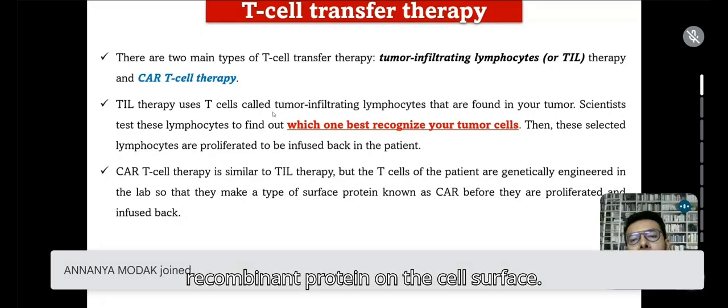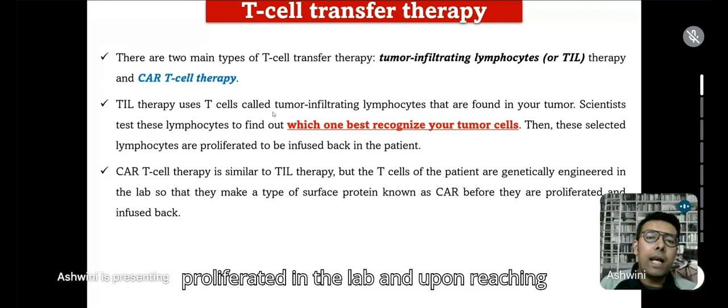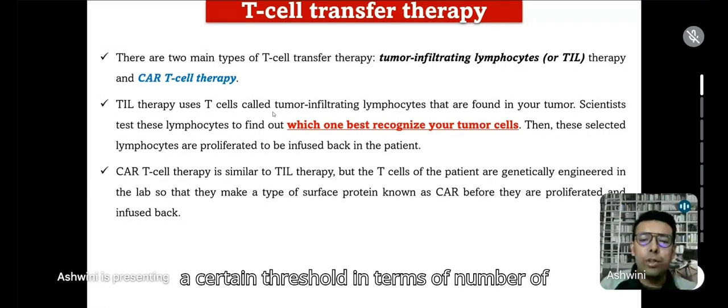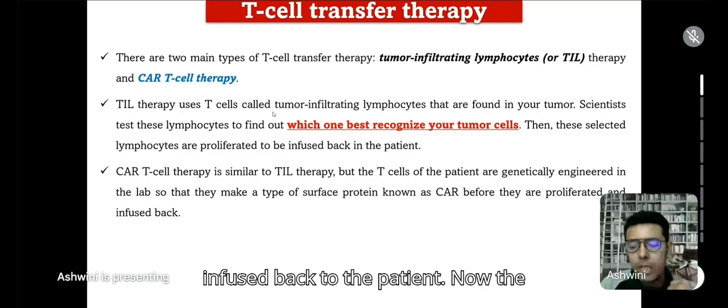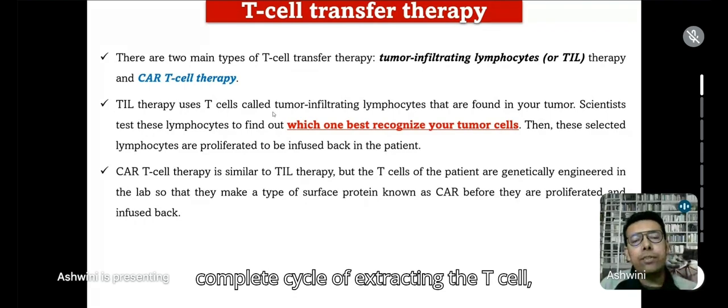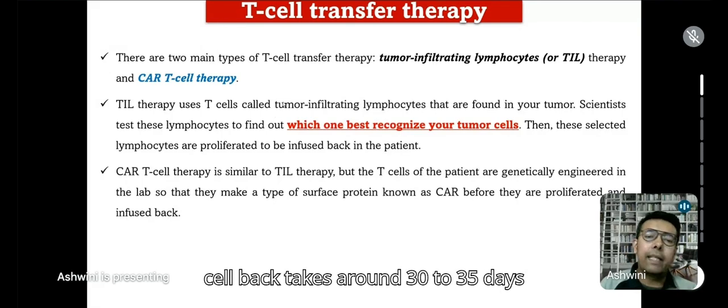on the cell surface. These engineered T cells are proliferated in the lab, and upon reaching a certain threshold in terms of number of T cells, they are infused back to the patient. The complete cycle of extracting the T cell, modifying the T cell, and sending it back takes around 30 to 35 days.